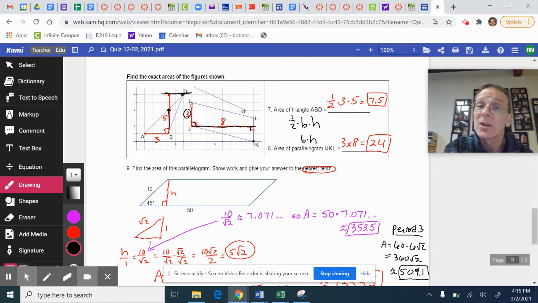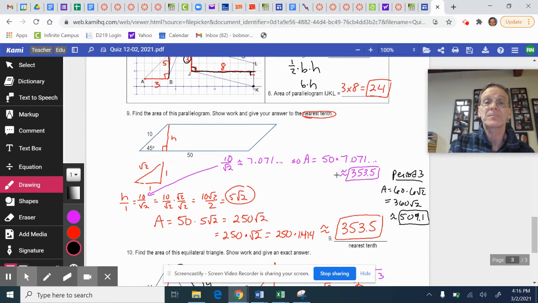Any of you who missed either one of these, you decide, you might want to go back and pull out, like reprint or just bring up on your computer screen again, a clean copy of homework assignment 12.1 or 12.2, and just redo those problems where I'm asking you to find the areas of those figures on the grid. Now, your choice, whether you feel like you need that practice or not.